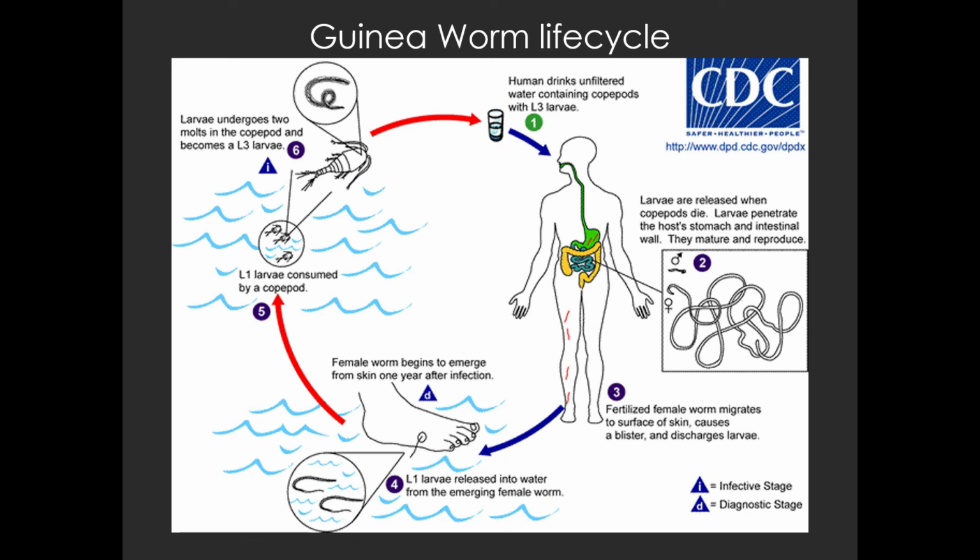So it's a dead end for that female worm because now she's released her larvae into a bucket, that water can be sterilized, and you've stopped transmission of the guinea worm. So, gross disease, but good news, right? This infection is one that is moving toward eradication.